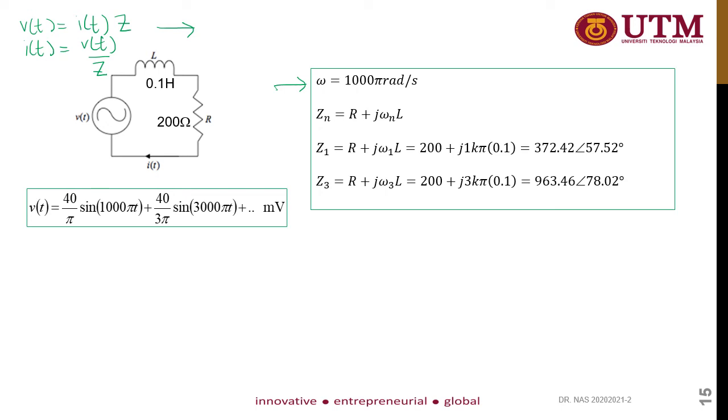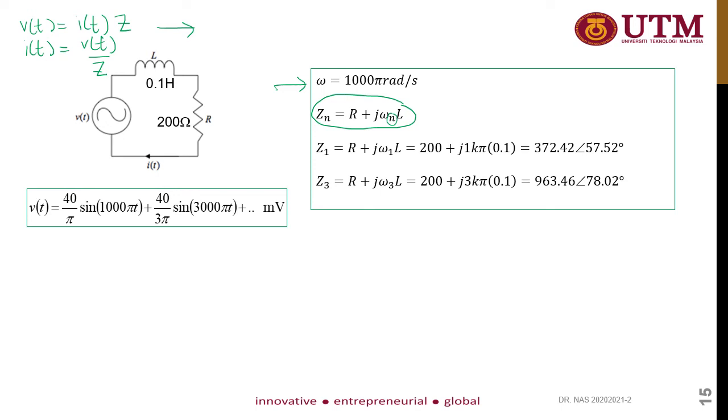Your Z is equal to R plus j omega n L, where omega n depends on your first and third harmonic, L is given by 0.1 henry, and R is 200 ohm. This is when you have R and L in series.